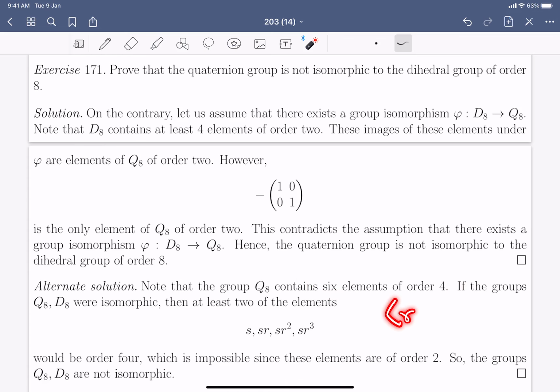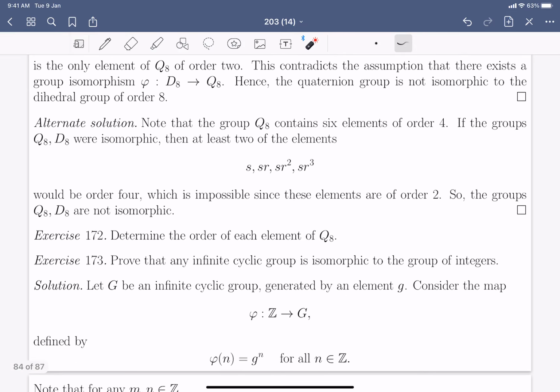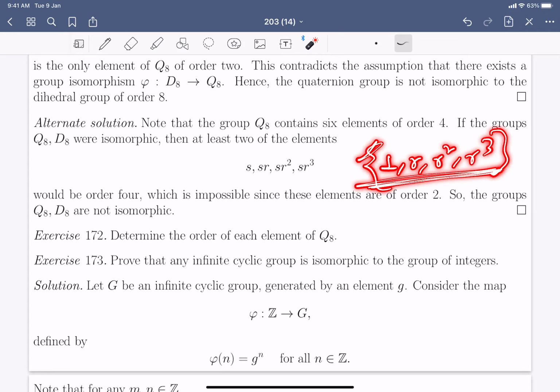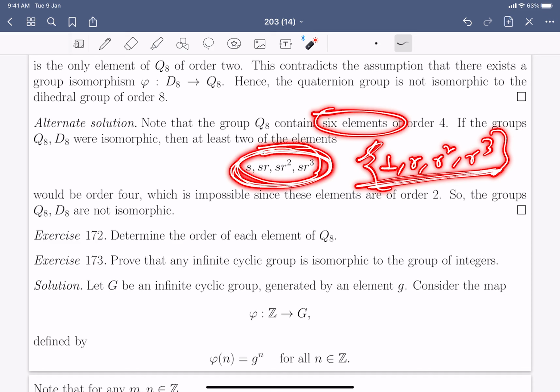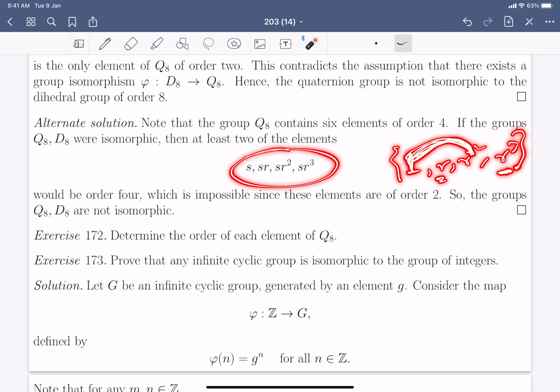On the other hand, if you look at 1, r, r square and r cube, you just get 4 elements from there, and to get 6 elements of order 4, among these 4 elements there has to be at least 2 elements of order 4. Among 1, r, r square and r cube, r and r cube are elements of order 4, and this doesn't have order 4.